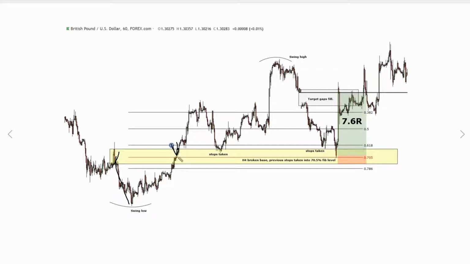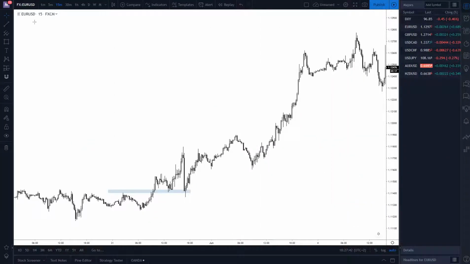It acted as support here and a little bit here, but once we took out the order flow, you can go long once again, and your target can be the gap fill in this case. So gaps tend to get filled.